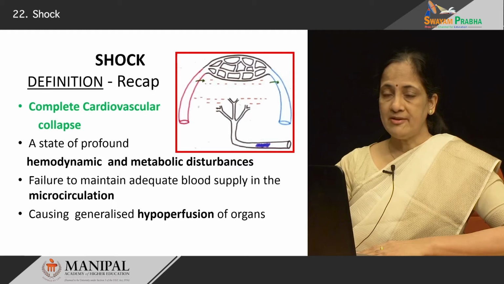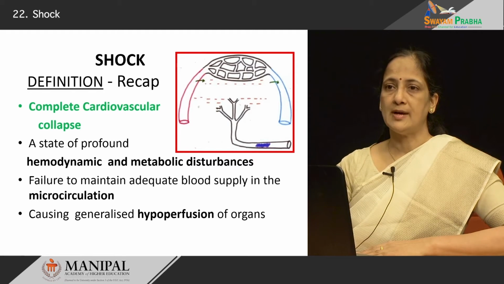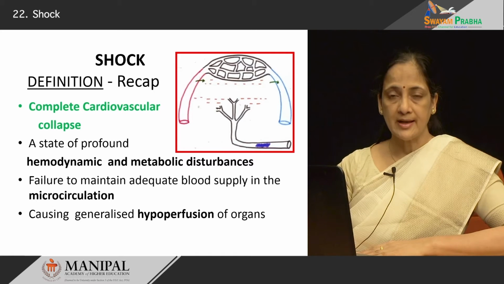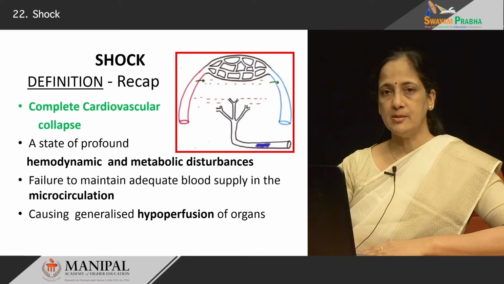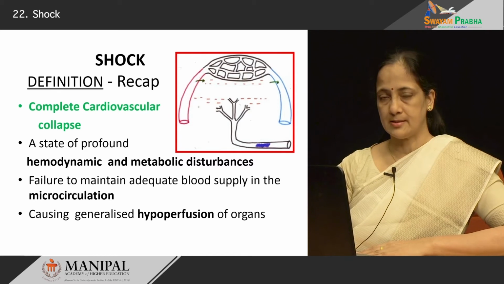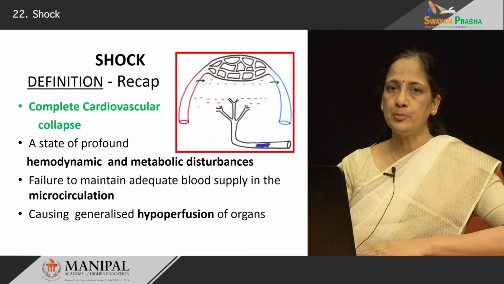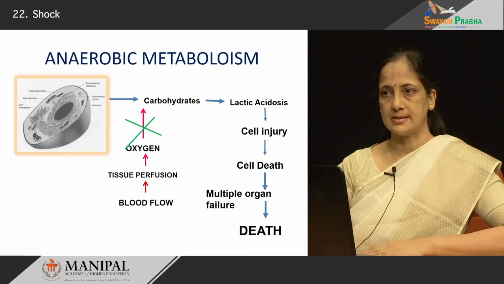So, let us recap the definition of shock. Here there is complete cardiovascular collapse. It is generalized, it is diffuse, wherein there is profound hemodynamic and metabolic disturbances that are characterized by a failure to maintain blood flow in the microcirculation, resulting in generalized hypoperfusion of organs.